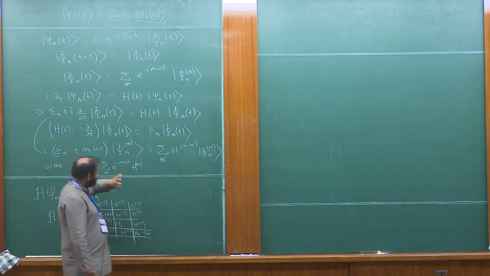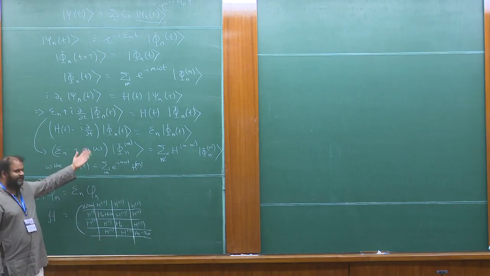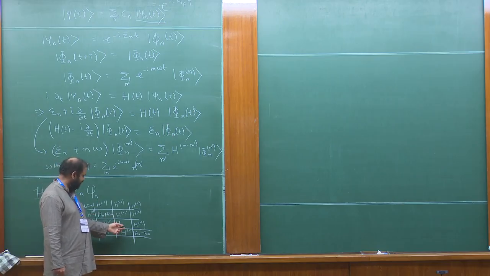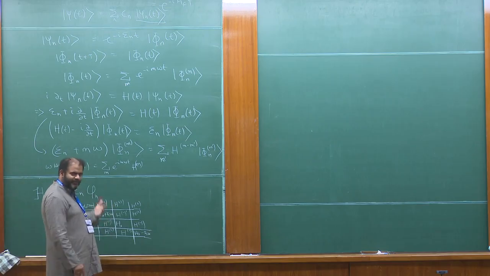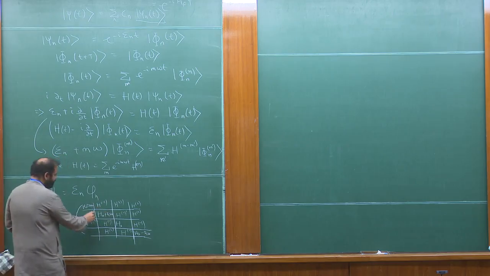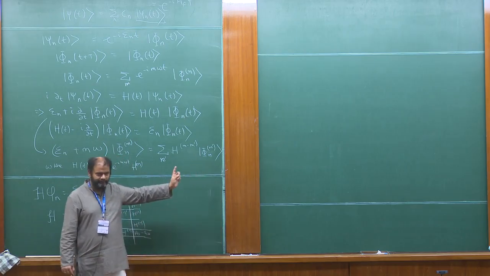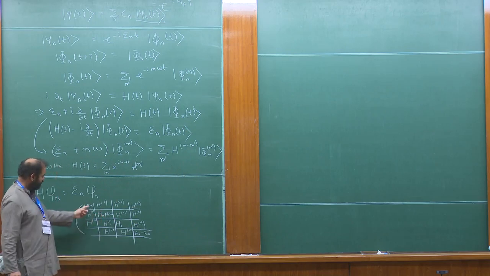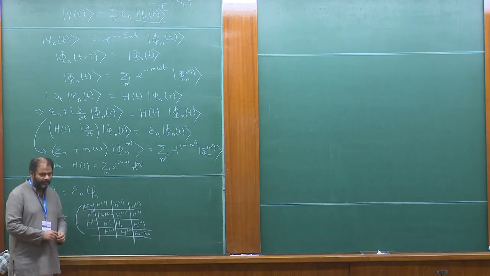When that happens, I have an eigenvalue of En plus m ω. So if one of these had h0, the other has h0 plus ω, the next one is h0 plus 2ω, and so on. These other terms here correspond to h m minus m prime. If I am connecting this to this, this is the term that connects it, and vice versa.